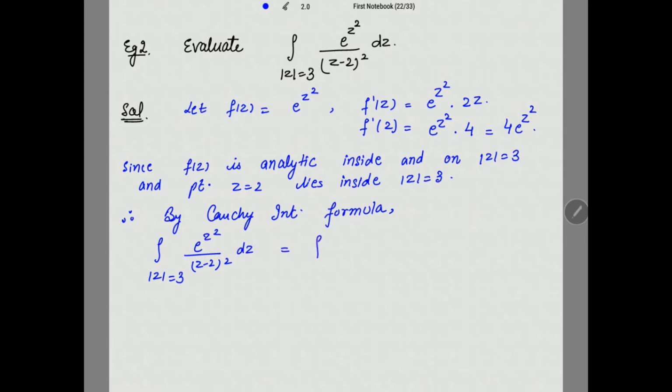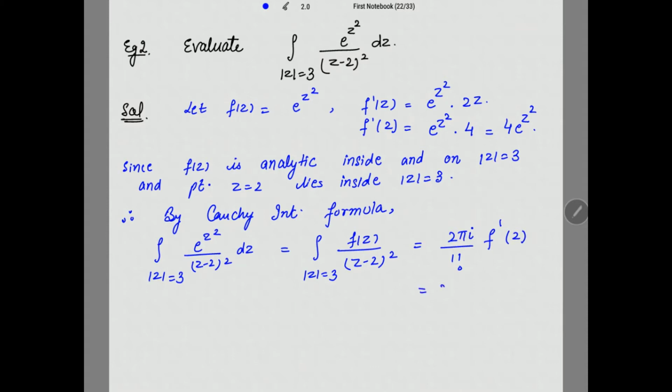This can be written as, this is f of z over z minus 2 whole square, which is further equal to, applying the formula you will have 2 pi iota over n factorial. N is 1, so it is 1 factorial, and f n z naught, so n is 1 and z naught is 2.